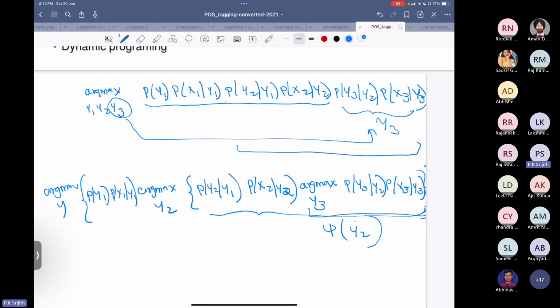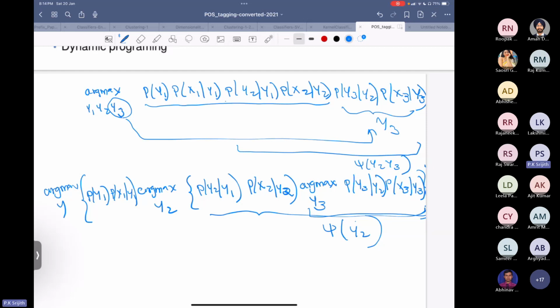So this is a function of both y2 and y3, and you perform this argmax operation over y3, so you only need to keep that value of y3 which is maximum for different values of y2.